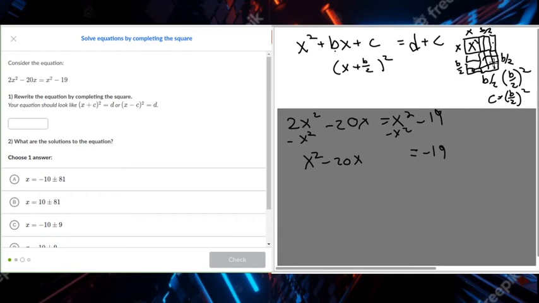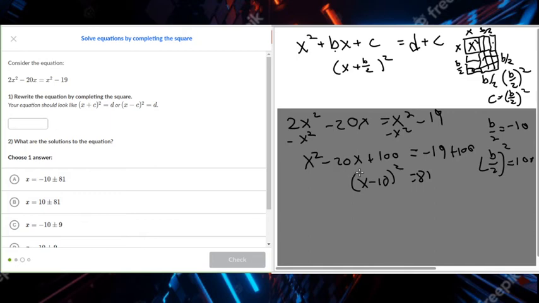And how many are we going to have? Let's see, so b over 2 is equal to negative 20 over 2 is equal to negative 10. b over 2 squared is equal to 100. I'm going to add 100 to both sides. I'm going to end up with 81 here, and then this is going to be x minus 10 squared, because I put half over here and half over here, half of those negative 20s.